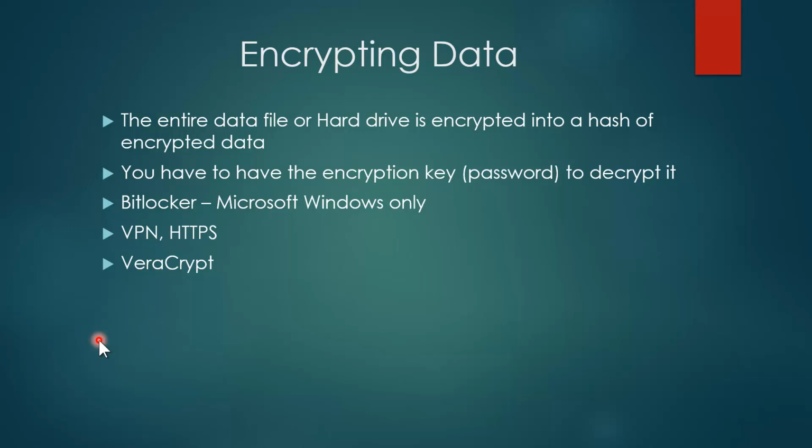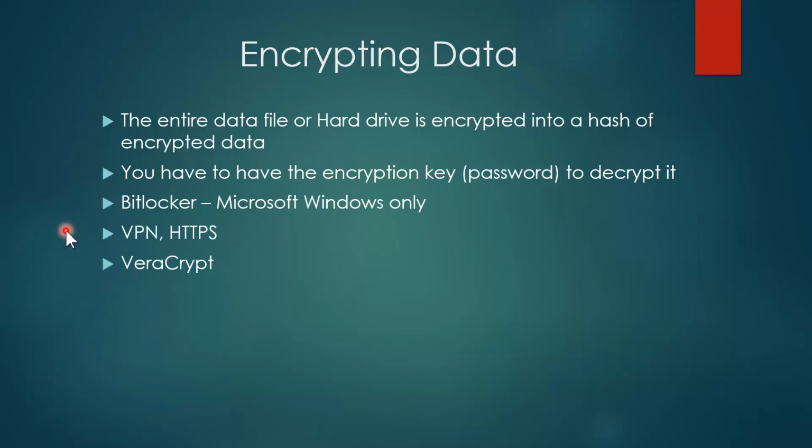Encrypting data. So this is encrypting an entire data file or an entire hard drive into a hash of gibberish and the only way you can unencrypt it is with the encryption key, is with the password. So Microsoft BitLocker is a Windows product only. It lets you encrypt entire hard drives or a USB memory stick.